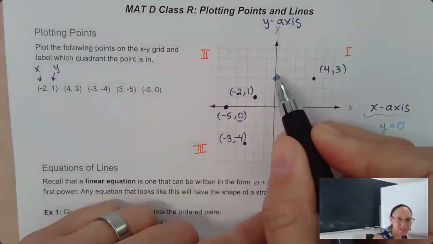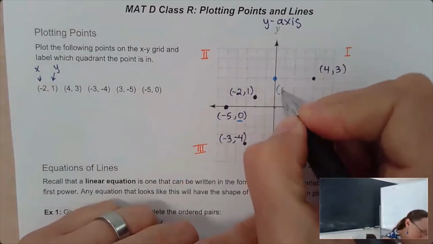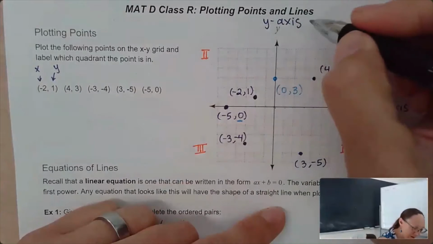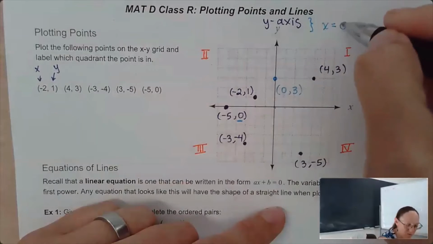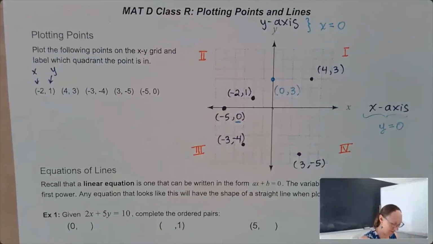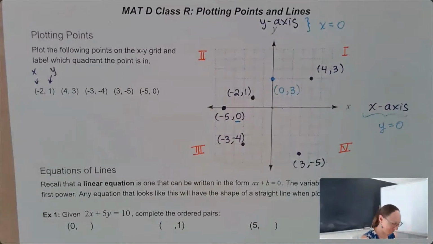So that's an X value of 0 and a Y value of 3. So that would be the point 0, 3. And everywhere on the Y-axis, it's true that X is equal to 0. And those two get folks into trouble because it feels a little bit backwards, right? So just something to work on keeping straight in your head.